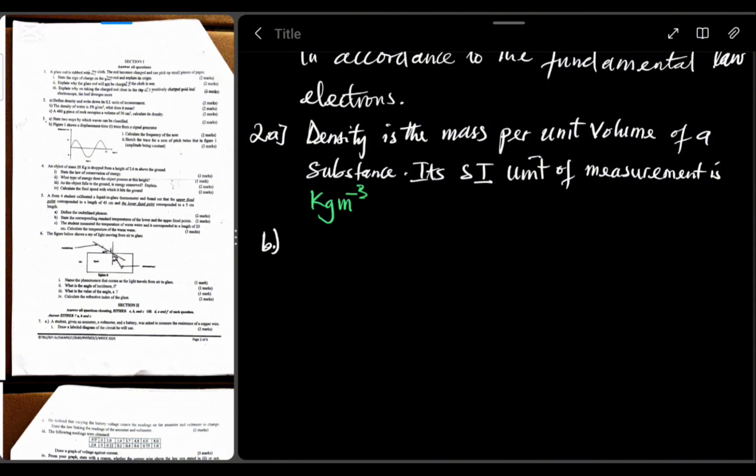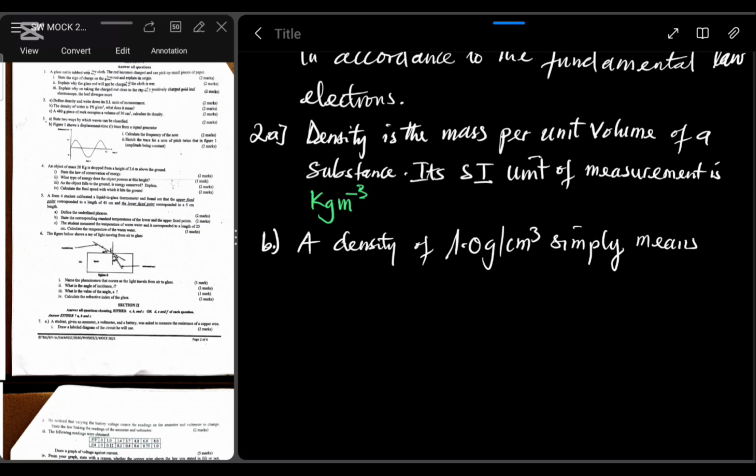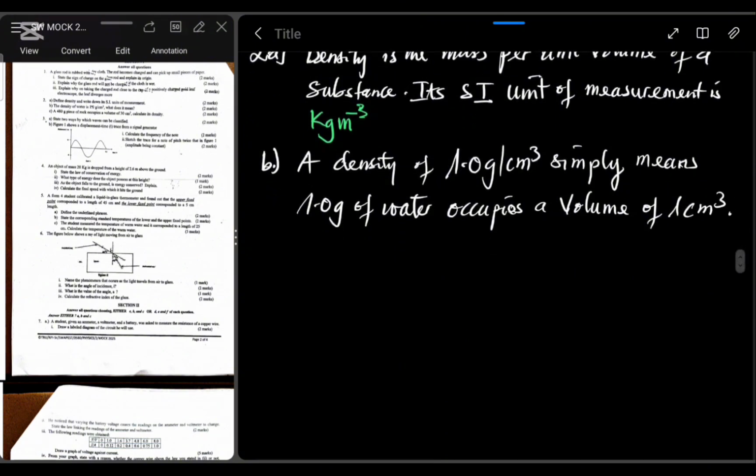So writing this down, I will say a density of 1.0 gram per cm cube simply means 1.0 gram of water occupies a volume of 1 cubic centimeter.